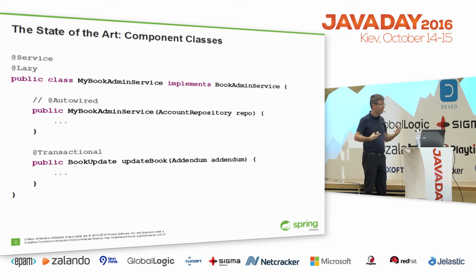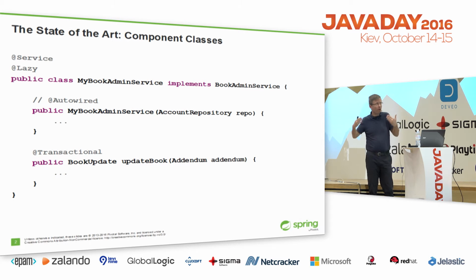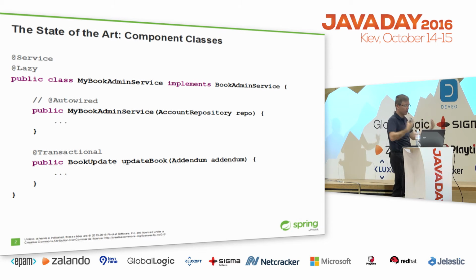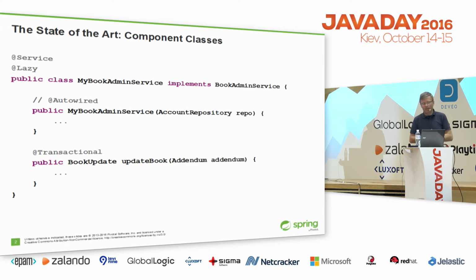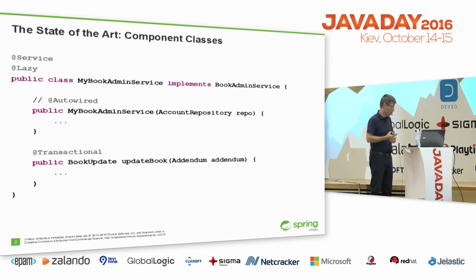The typical way of indicating it is the Spring @Autowired annotation, because this constructor is to be auto-wired, meant for auto-wiring. You can phrase it in different ways, but @Autowired is actually a description of the role, the purpose of this constructor.